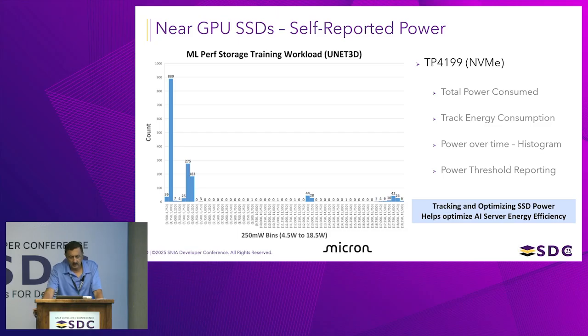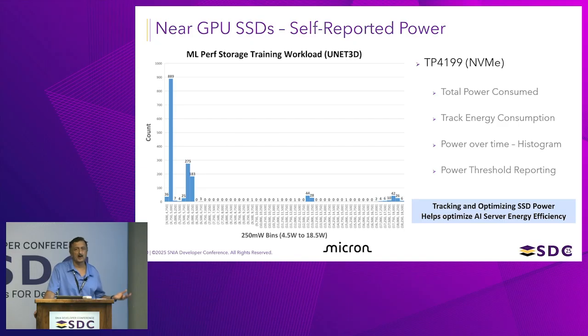One more comment on tracking power. This is the same workload, where this is reporting power at the drive level. I wanted to call out a TP that Micron co-authored in NVMe called TP4199, which essentially provides the drive with the ability to track power during execution.